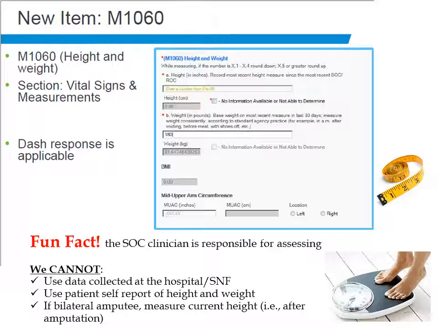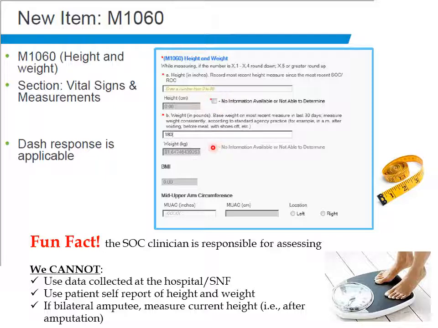So height and weight is in the vital sign section. So you're supposed to measure the height in inches and then measure the weight in pounds, and it'll automatically calculate the BMI. If you cannot gather the height or the weight, then you mark the no information available.